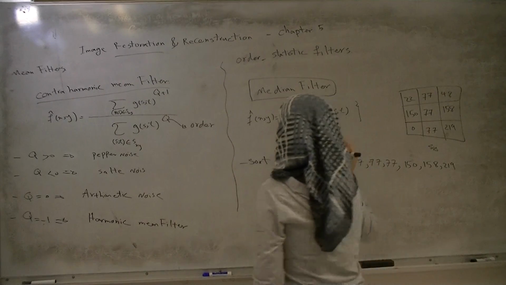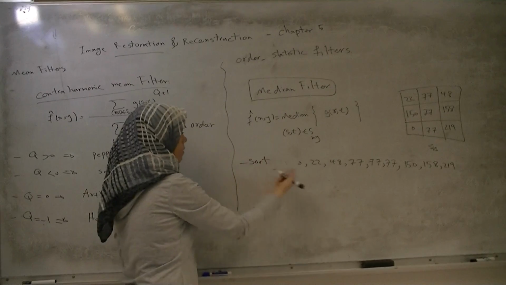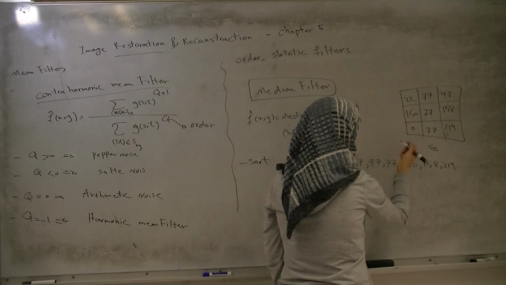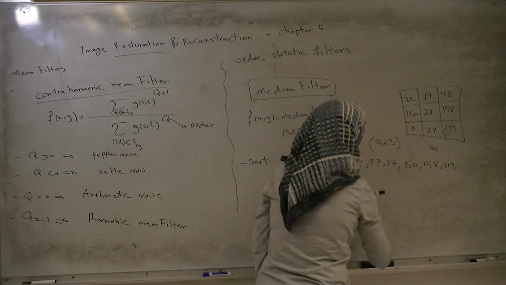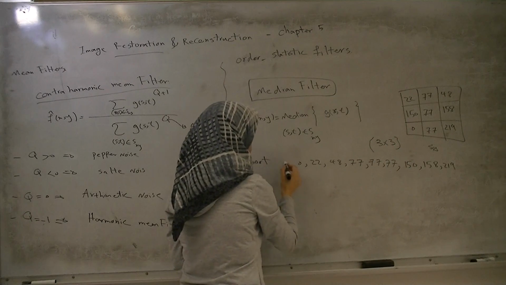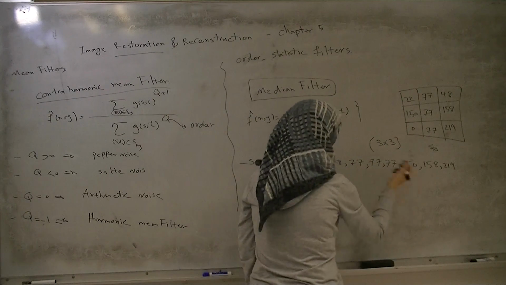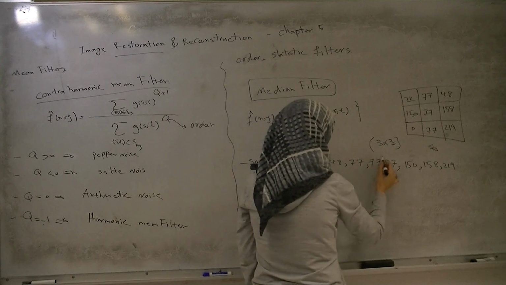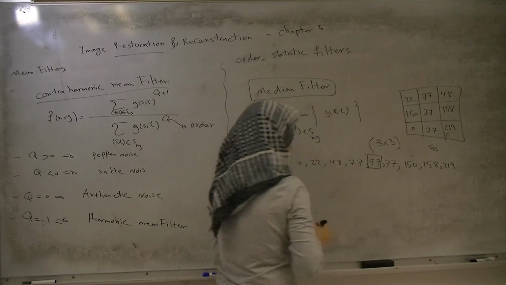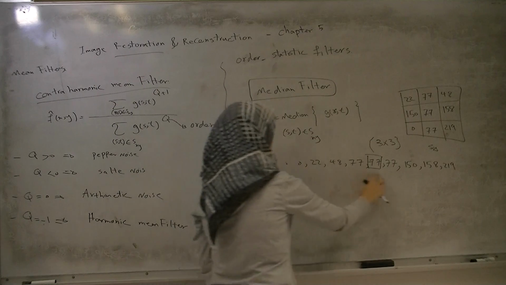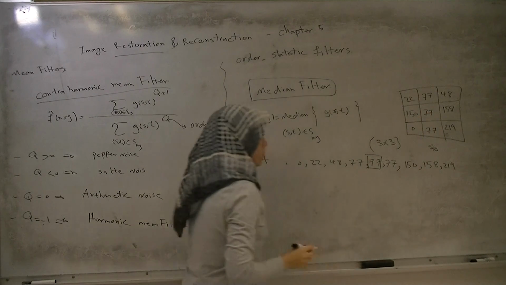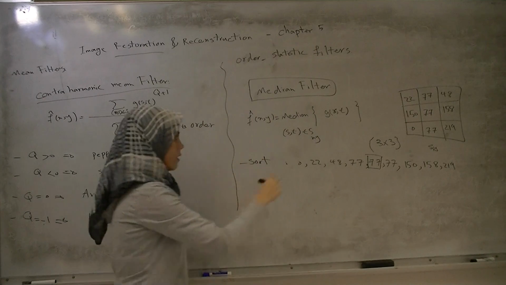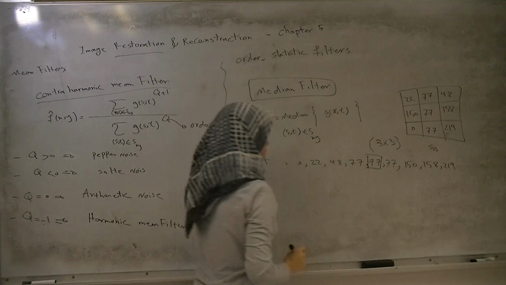For the median filter, we have the window size. For example, our window size is 3 by 3. So we just sort first, then find the median of this set, and put it in the center of this S_xy.